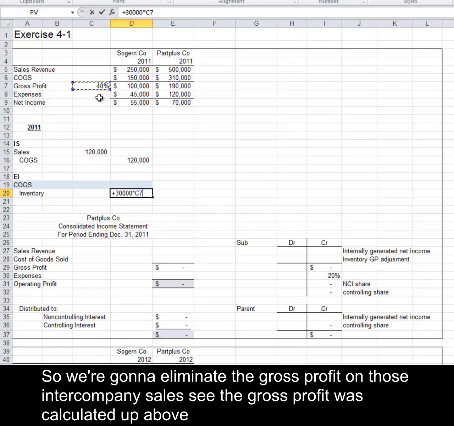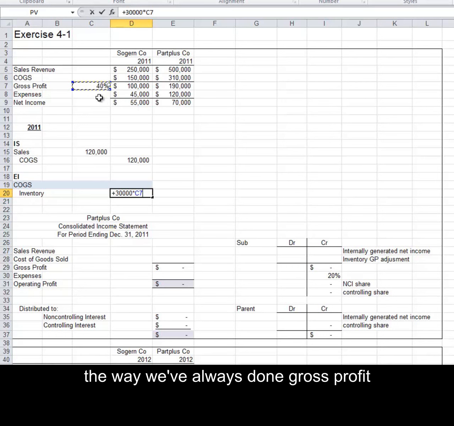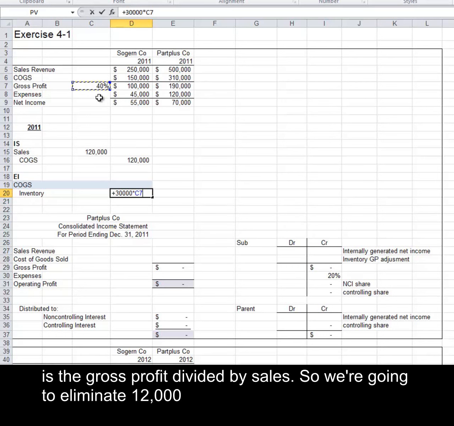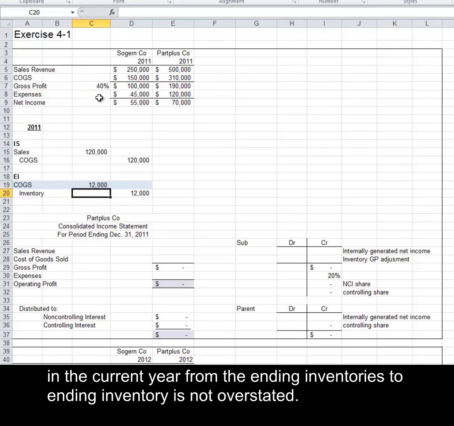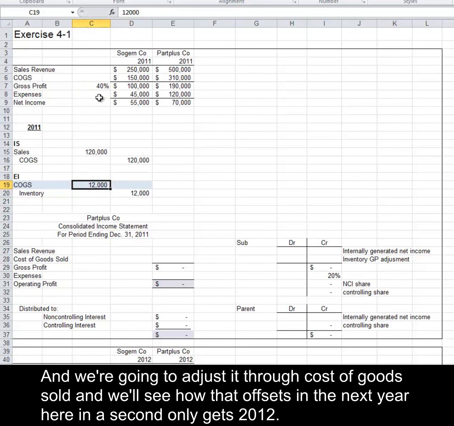See, the gross profit was calculated up above the way we've always done gross profit. It's gross profit divided by sales. So we're going to eliminate 12,000 in the current year from the ending inventory, so ending inventory is not overstated, and we're going to adjust it through cost of goods sold, and we'll see how that offsets in the next year here in a second when we get to 2012.